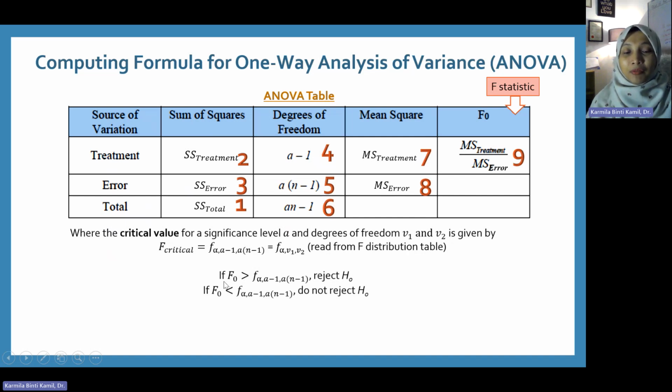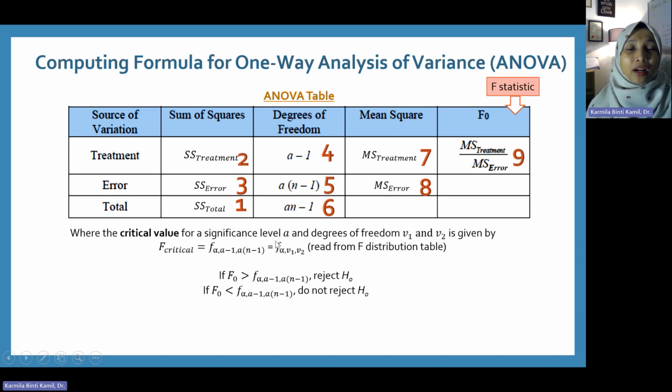If F naught, or what we call the F statistic, is greater than the value that we find using the F distribution table, we will reject H naught, the null hypothesis. If the F naught that we find here is less than the F critical from the distribution table, we do not reject H null.